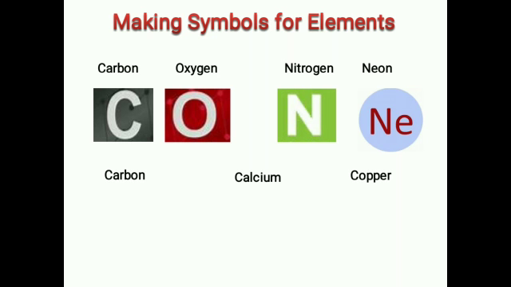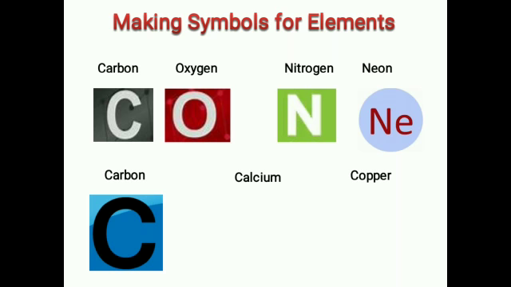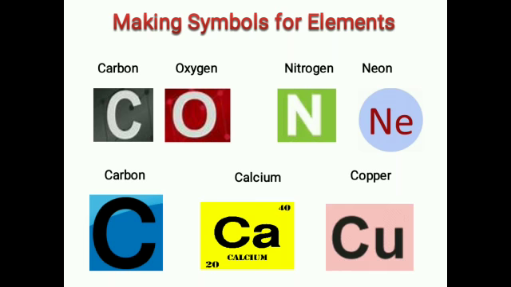So we use either the first letter or the first two letters of the English name or the Latin name. In the case of carbon, calcium and copper, the first letter is the same, that is C. So scientists used the first letter C for carbon and two letters Ca for calcium, and for copper they used the symbol from the Latin language, that is Cu, meaning cuprum.